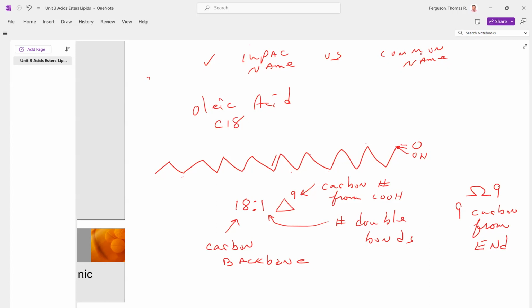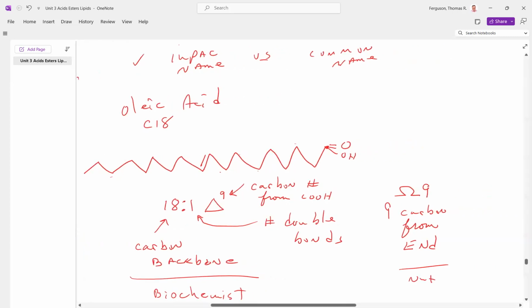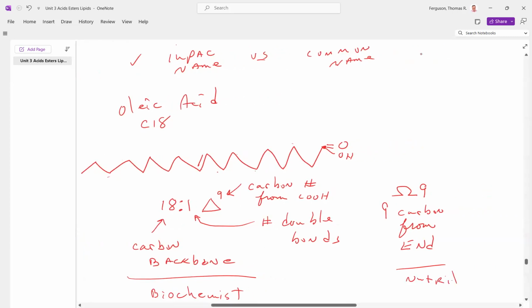So that's why biochemists don't use the omega. Nutritionists do. The biochemists use these guys. The nutritionists use the omega.